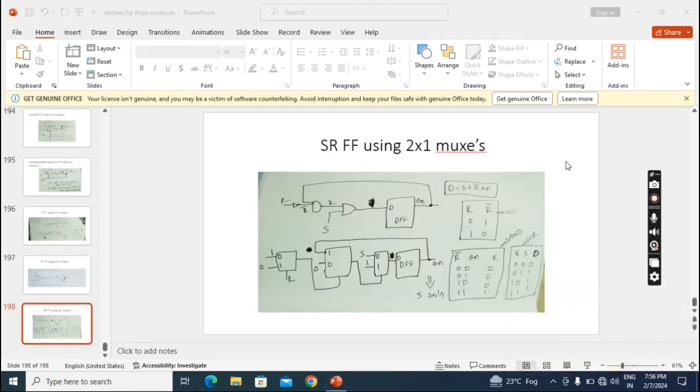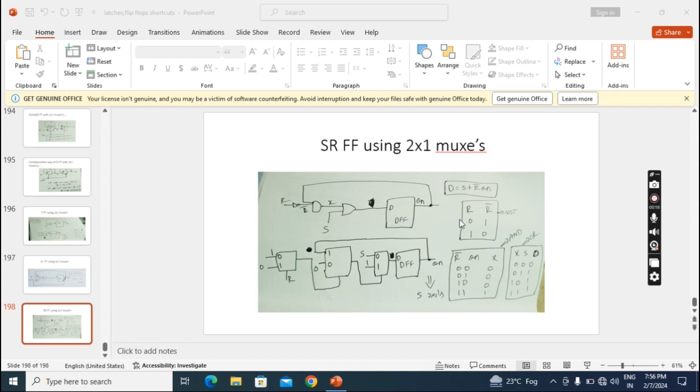Now we'll see how to implement SR flip-flop using 2 by 1 multiplexers. I need 5 2 by 1 multiplexers. You know how to implement D flip-flop? Take the D flip-flop, it will contain 2 2 by 1 multiplexers, we know.